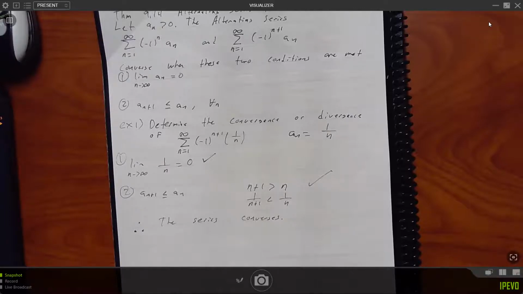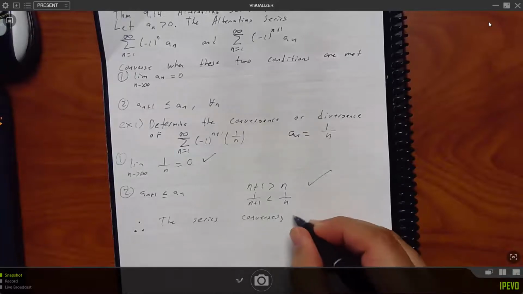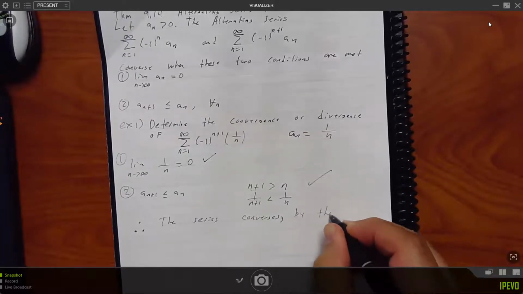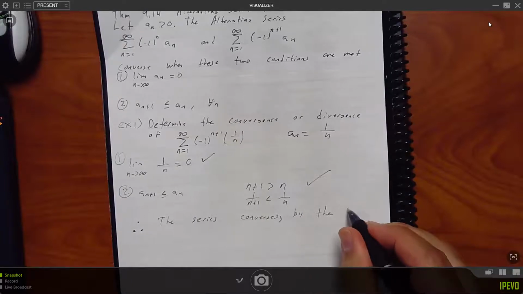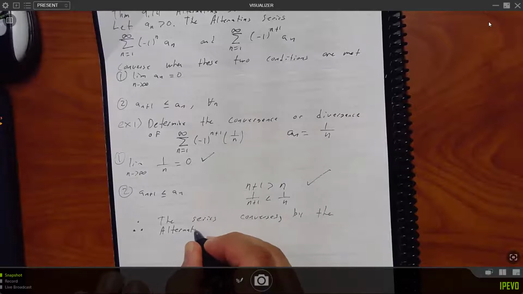You just check: is the limit 0 and is it decreasing? If so, this is enough proof to determine it converges by the alternating series test.